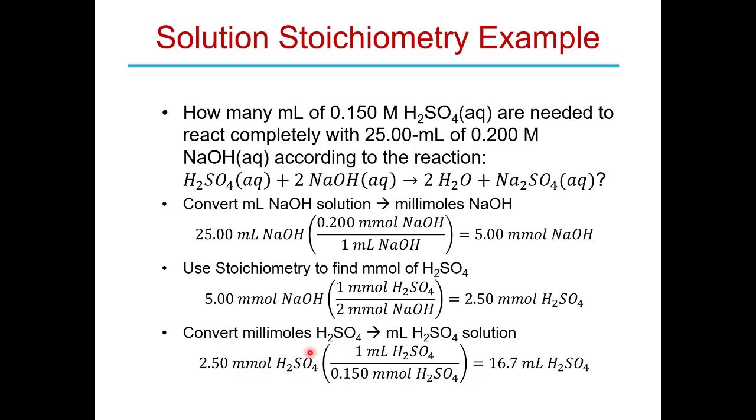And now putting that in the denominator, you see that it cancels out. And so we do the math here. 2.50 divided by 0.150 equals 16.7 milliliters of sulfuric acid. So that's how much sulfuric acid we would need to take to completely neutralize all of that sodium hydroxide solution that we had, that 25 milliliters of sodium hydroxide.